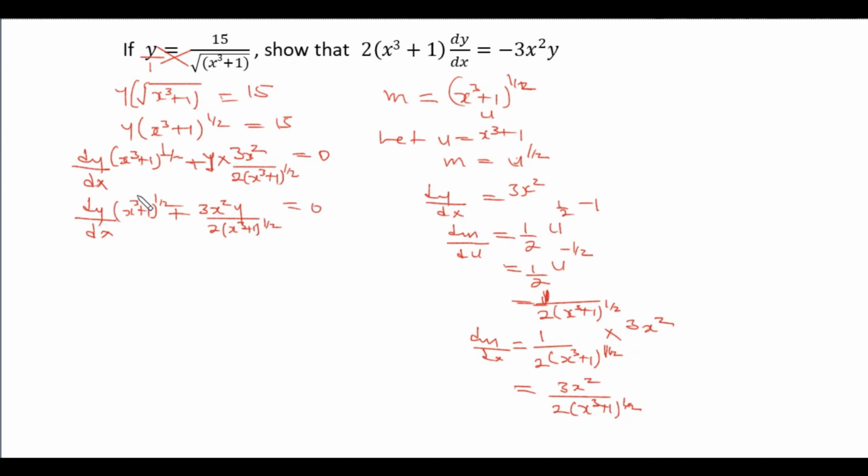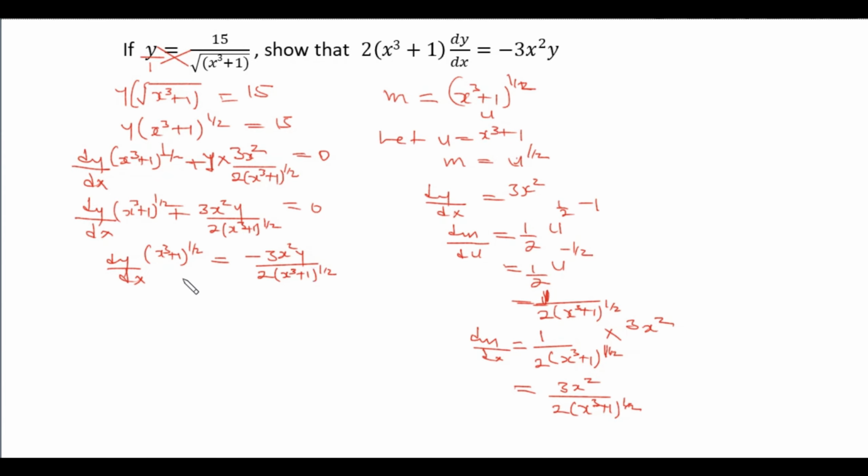Now we keep this here, and then we move this one over. So this becomes dy dx times (x cubed plus 1) raised to the power half is equal to minus 3x squared y all upon 2 times (x cubed plus 1) raised to the power half.